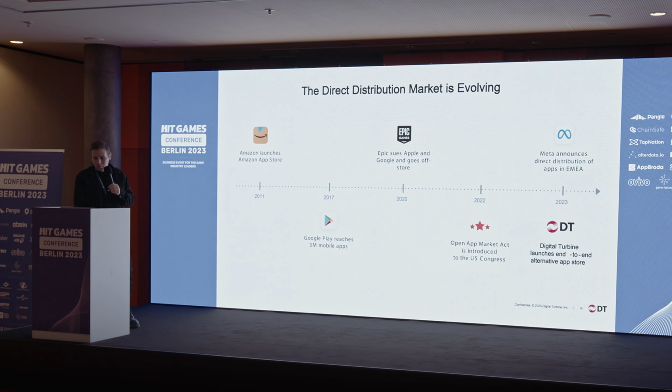And this is not something new, by the way. Amazon launched their app store more than a decade ago, but it's evolving, and different players started to jump in. For example, Epic, which everyone probably knows, opted out of paying the extra fee, the 30% tax to the giant stores, and wanted to transact with their users through their own platform.